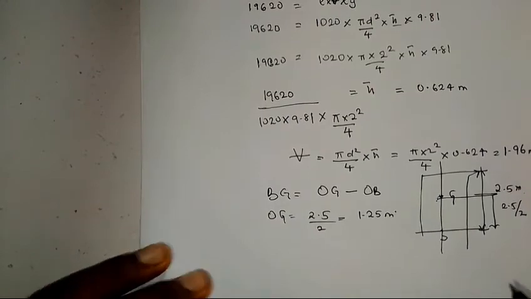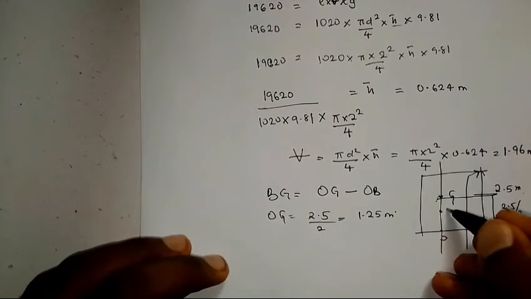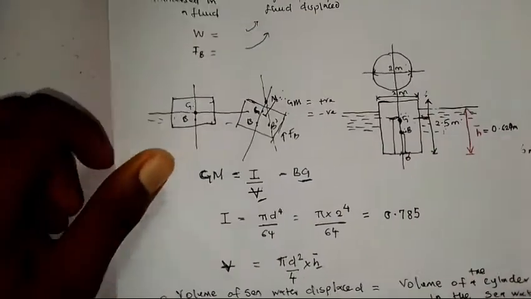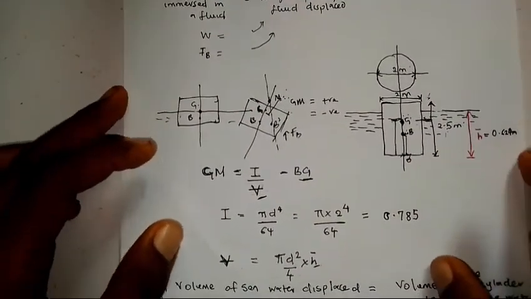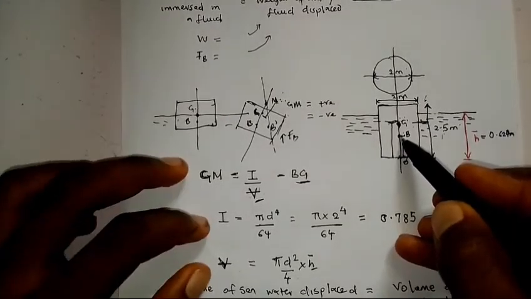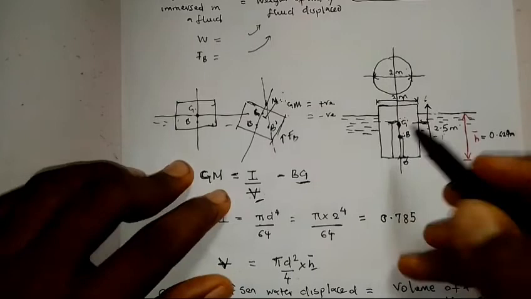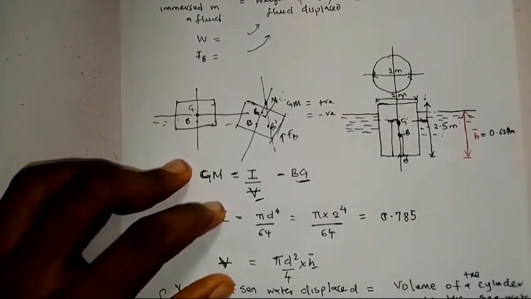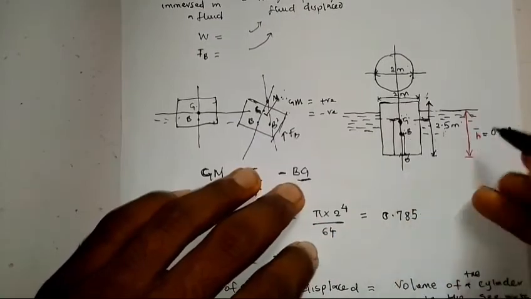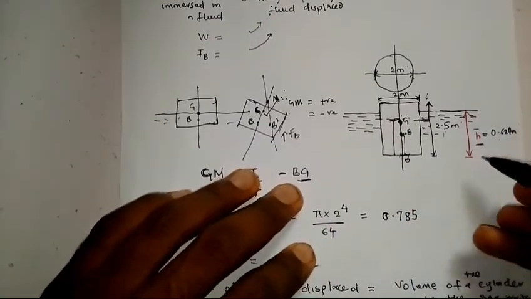Now my OB, which is at this point. Remember, when an object is immersed in a fluid, it immediately has a point of flotation or point of buoyancy. So this point of buoyancy is basically the center of gravity of every object in a fluid. So my OB is basically my height of immersion divided by 2.